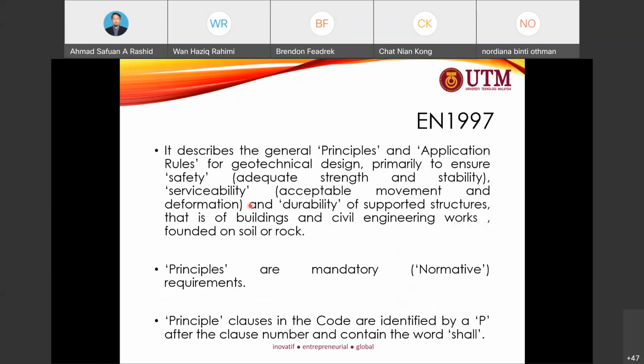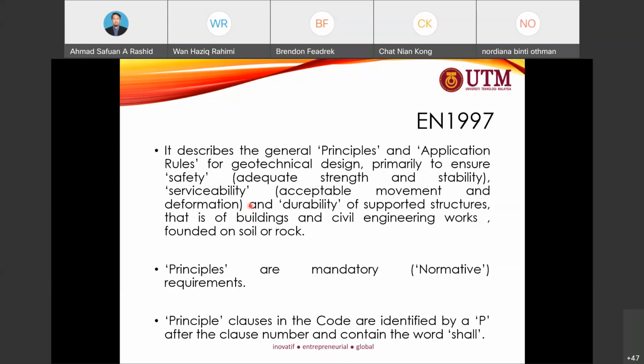So it describes the general principles and application rules, similar to EN 1990, where they have principles and application rules for geotechnical design, primarily to ensure safety, serviceability, and durability of supported structures, that is, of buildings and civil engineering works founded on soil or rock.